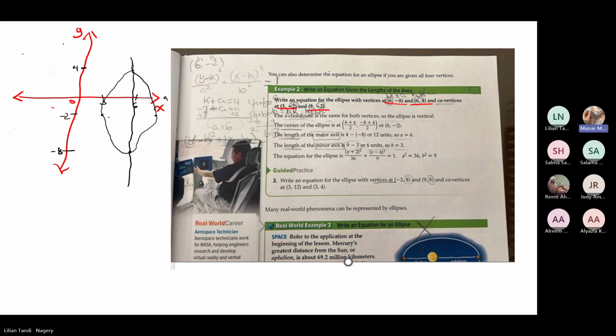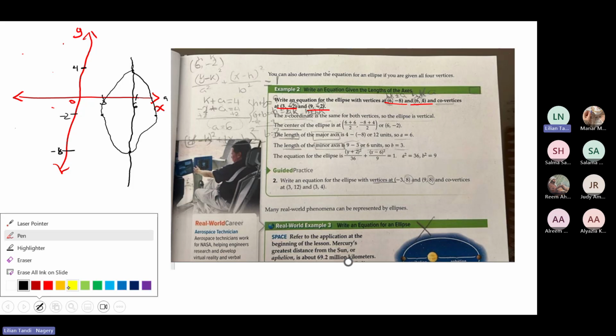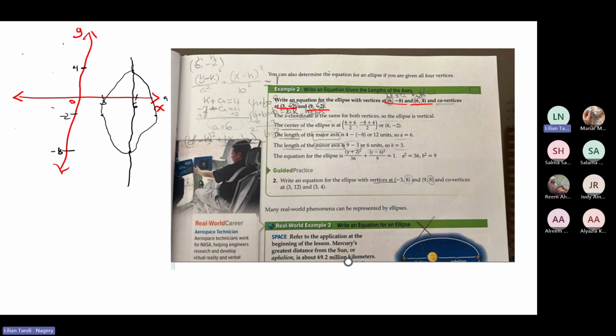So this distance is long. It's vertical. This distance is longer than this distance. Do you see that? So this is my vertex. This is my co-vertex. And this is my vertex. Is that clear? Vertex, vertex, co-vertex, co-vertex. We are good up to here?